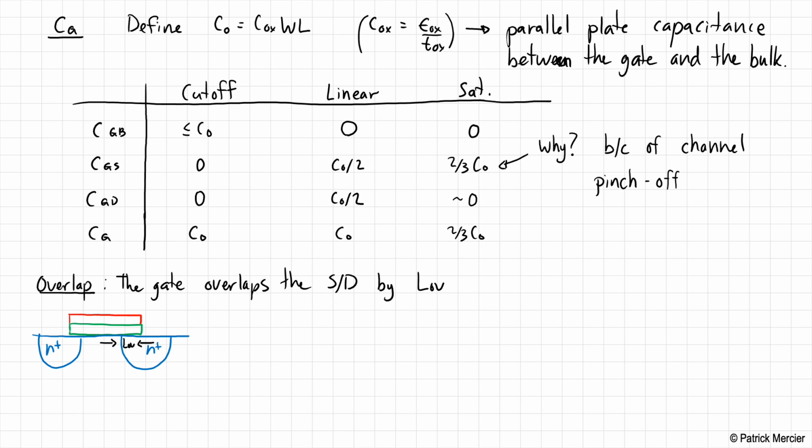And so in this case, we say CGS,overlap is equal to COX W times LOV, which is also equal to CGD,overlap, provided there is no variation between the source and the drain regions.